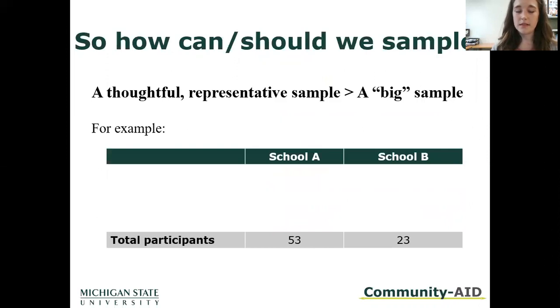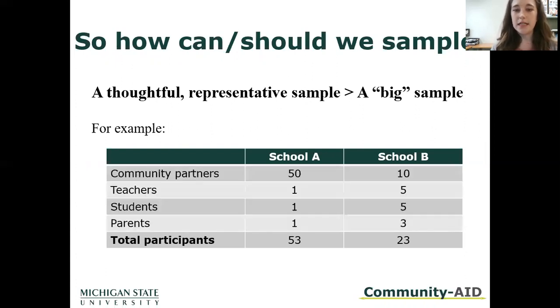This is an example that I've used before. At school A, you might think, wow, they got 53 surveys. That's great. They're doing great. School B maybe needs to step it up and get more surveys. But if you look at how they collected their data, school A has only got perspectives pretty much from the community partners, and they're really not gathering perspectives from teachers, students, and parents.